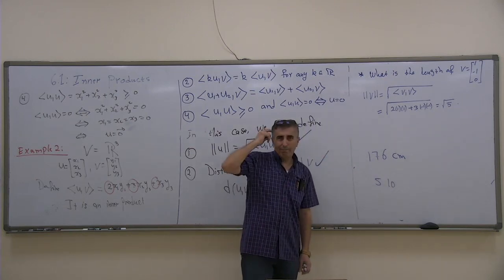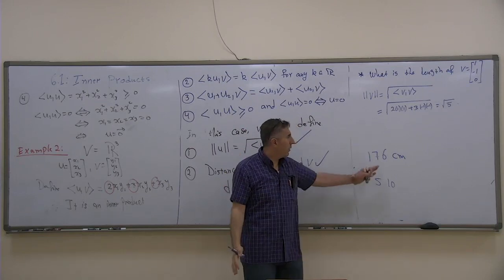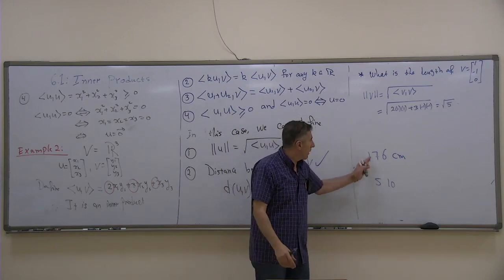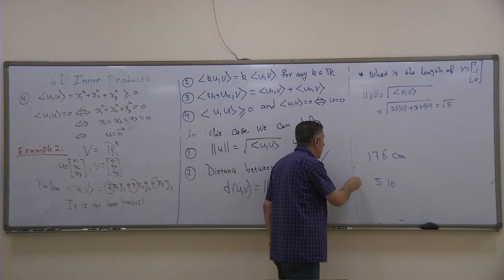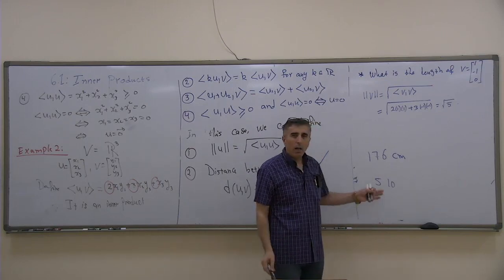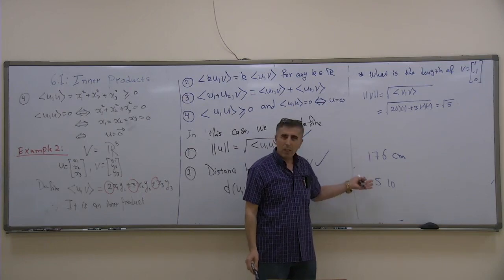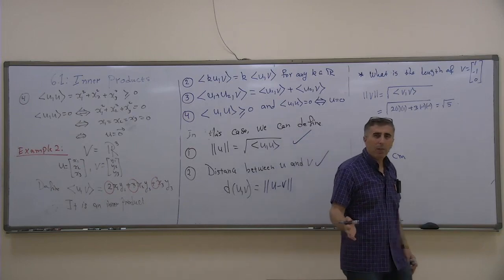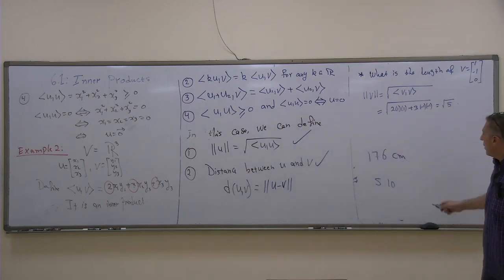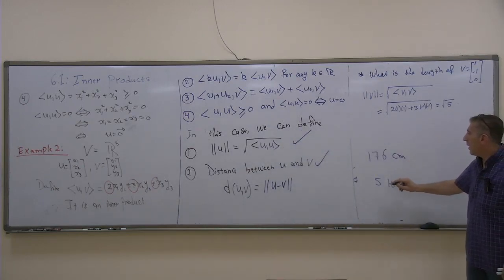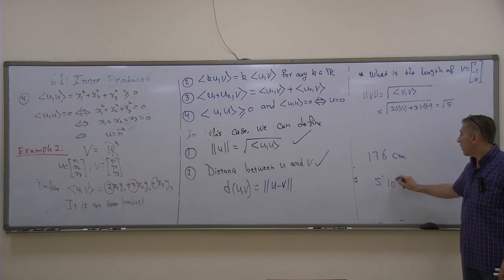So, what are we talking about here? Am I giving you different answers? No, I'm giving you approximately the same answer. It is just here I am using centimeters and here I am using feet, inches.